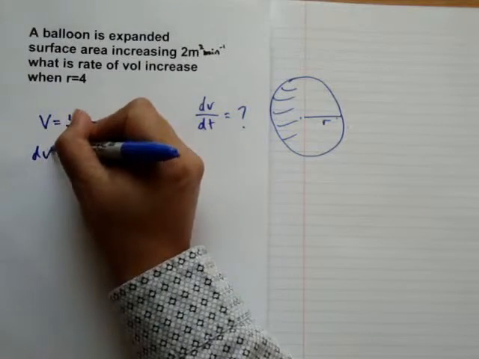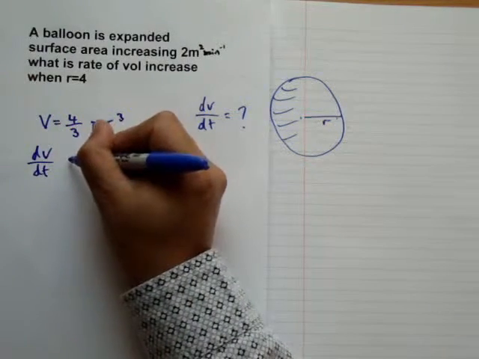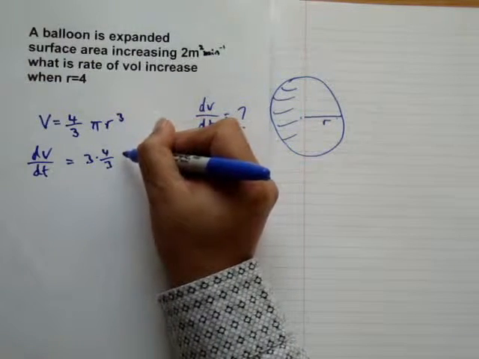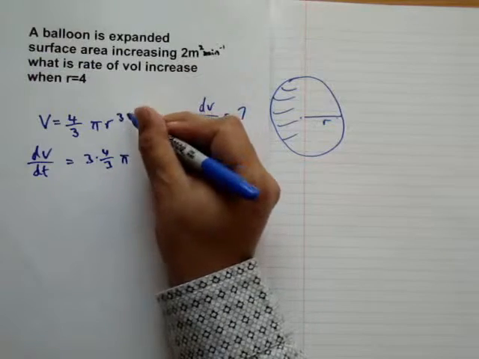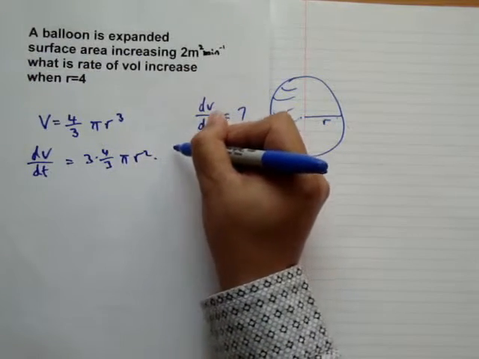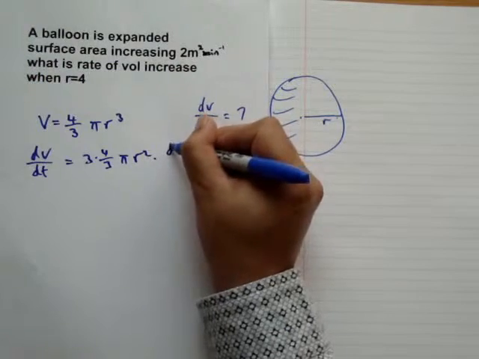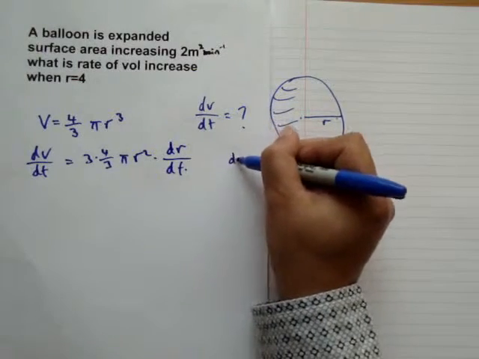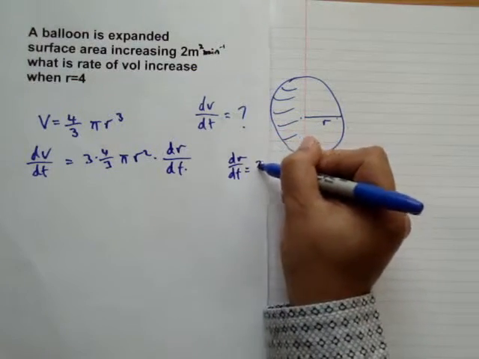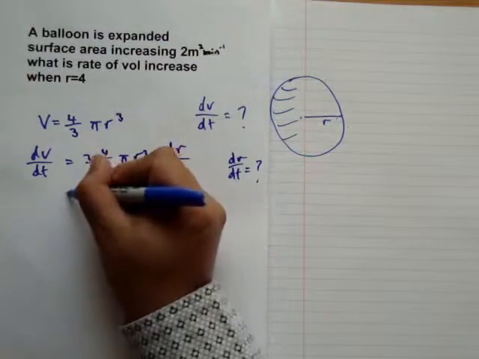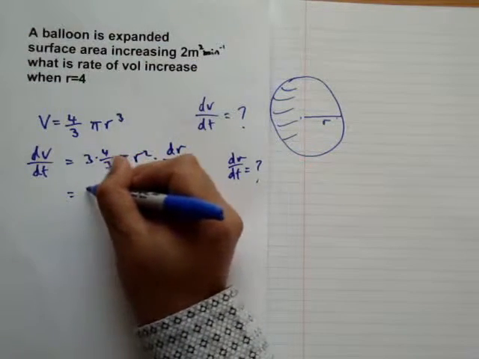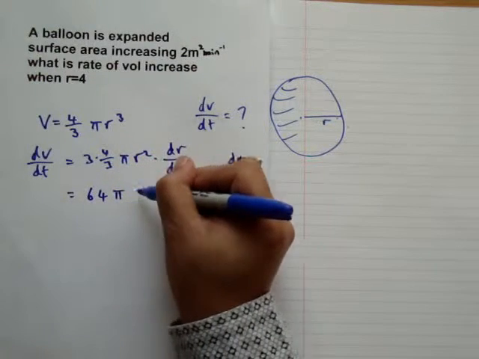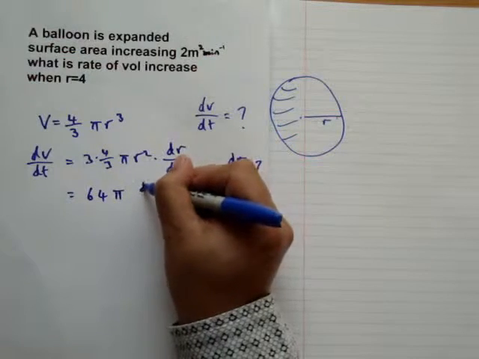When we're differentiating, dV by dt becomes, bring 3 down, 4/3 pi. 3 minus 1 is 2, so that becomes r squared, and because we're differentiating implicitly, we get dr by dt, which we don't know. So this becomes 64 pi dr by dt.